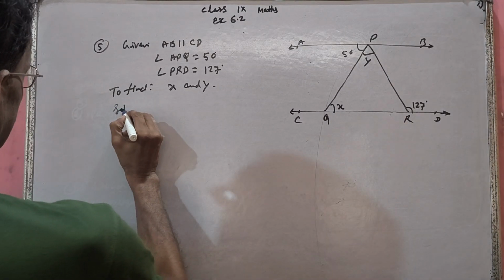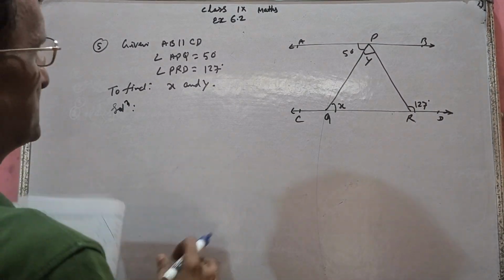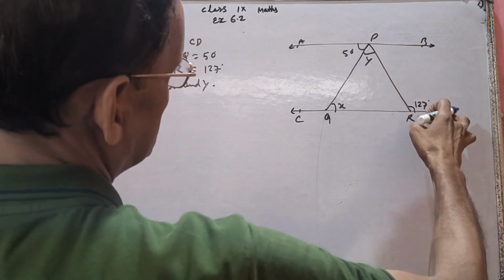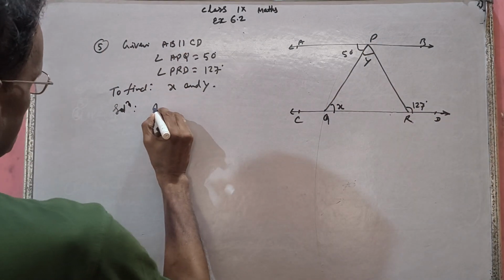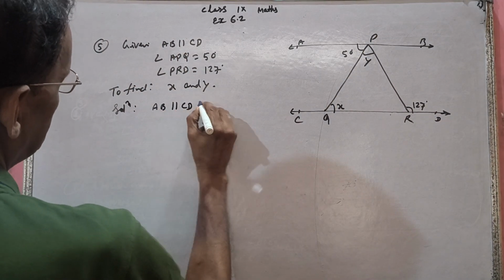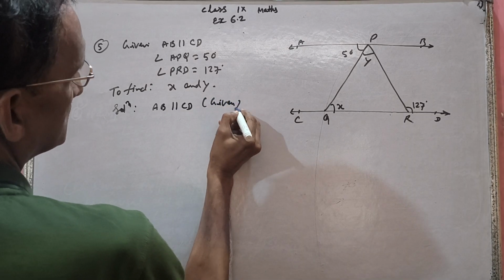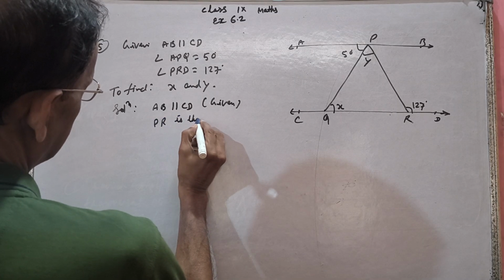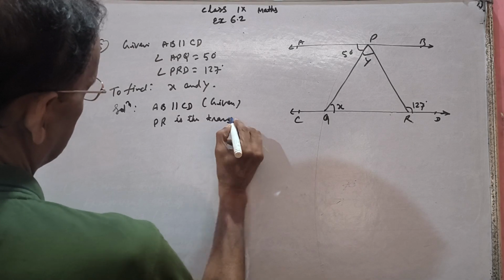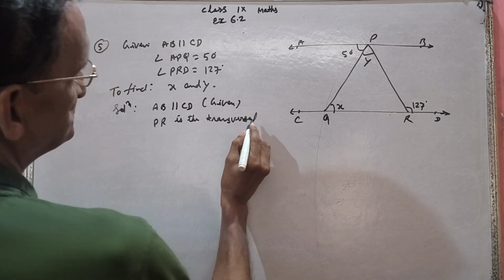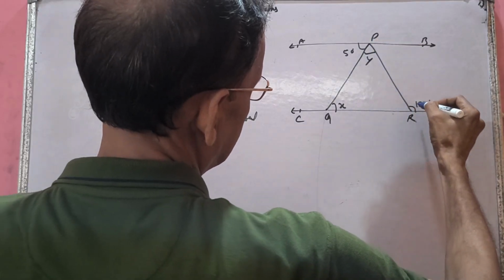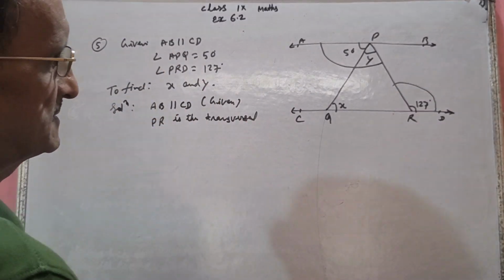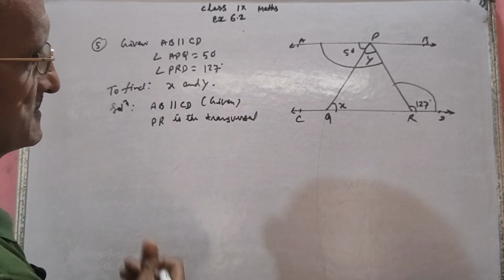Solution. What is given? AB parallel to CD, and see, this is the transversal. PR is the transversal. Now, when two parallel lines are intersected by a transversal, then this angle and this angle are called a pair of alternate interior angles.